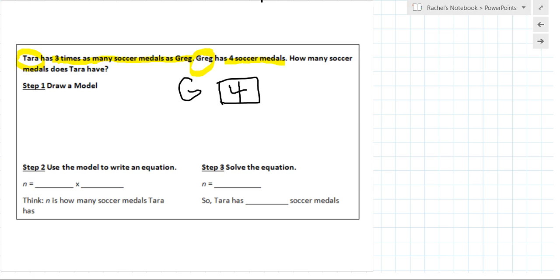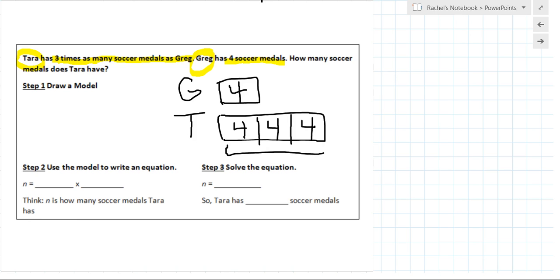So in this example, we'll start with Greg. Greg has 4 soccer medals. We do know that Tara's number is 3 times as large. So we're going to draw a model. That's 3 times Greg's. We repeat 4, 4, 4. And the total amount is n. That's what we're trying to find out.